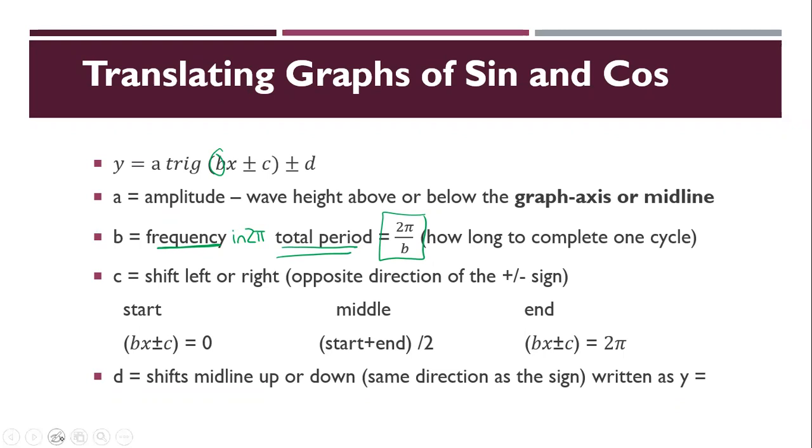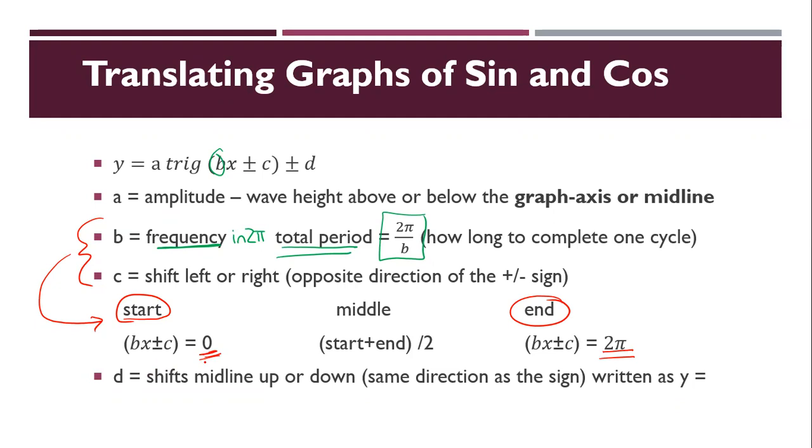So B and C work together to give you a new starting and stopping point. Instead of starting at 0 and ending at 2 pi, if this has been adjusted, we have a new starting and stopping point. You'll find those by taking whatever's inside the parentheses, the bx plus or minus c, setting it equal to 0, and finding your new starting point.